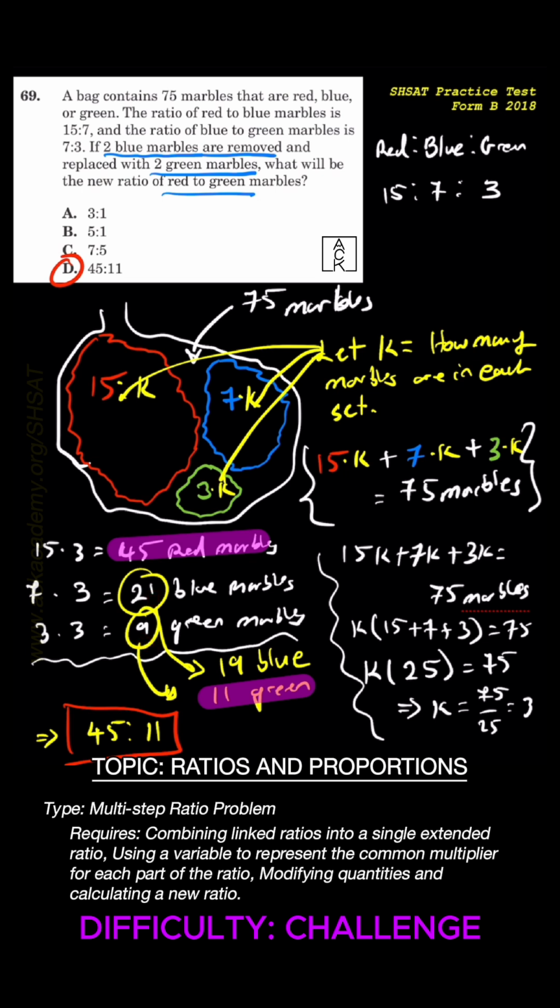It does. It does equal 75 marbles. And then we add in the 2 to the green and we remove the 2 from the 21. And then we get the final answer of 45 red marbles to 11 green.